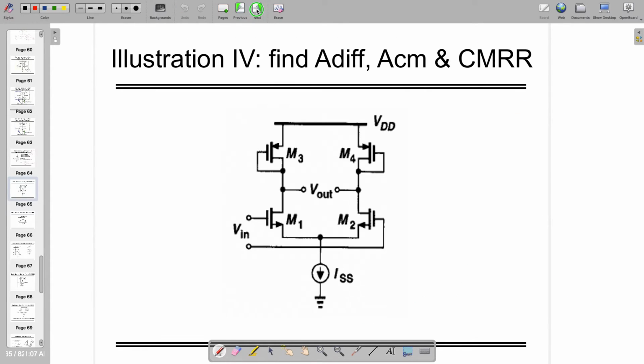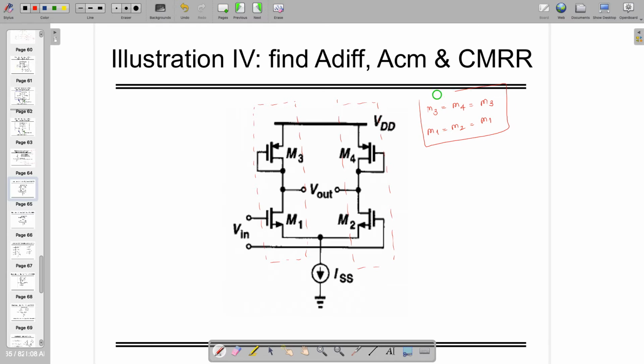Anyway, if I need to find out three terminologies: differential gain, common mode gain, and CMRR, let's practice that over here. In this case, we know that I can apply the half circuit concept where M3 equals M4, let's call it M3, and M1 equals M2, let's call this one M1.